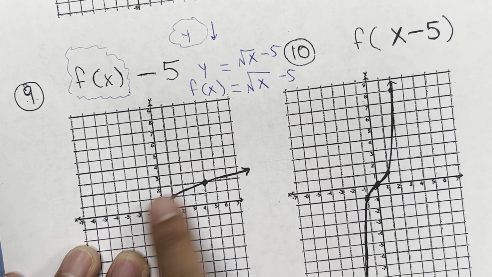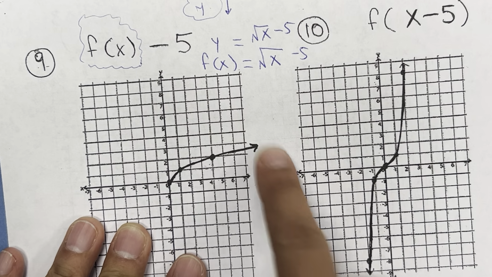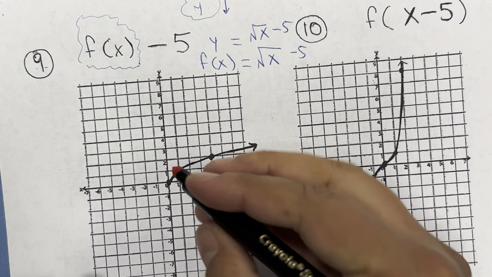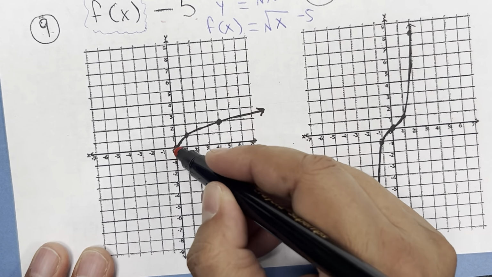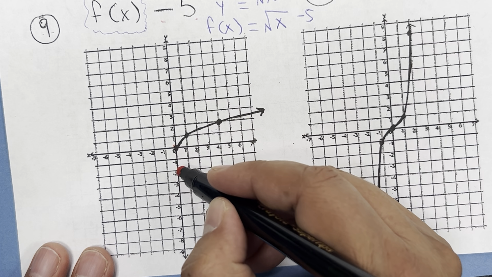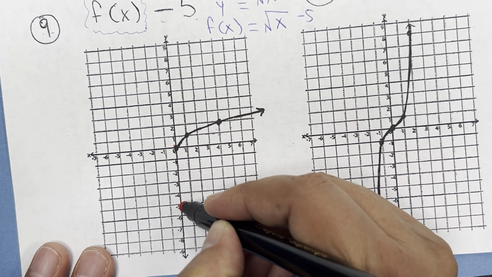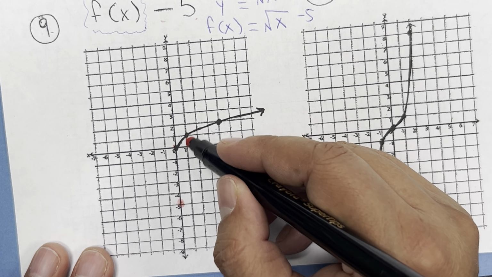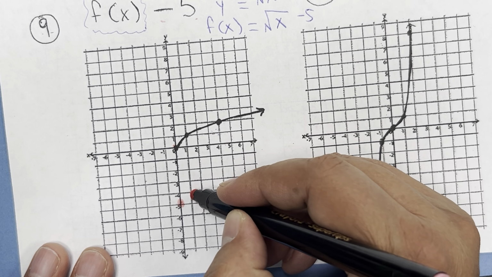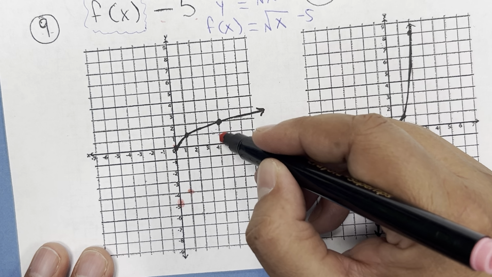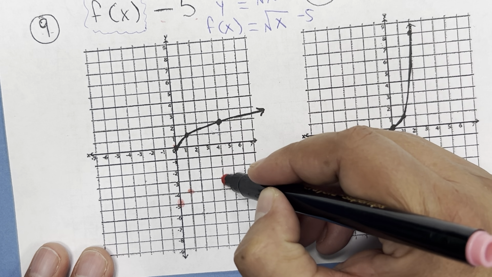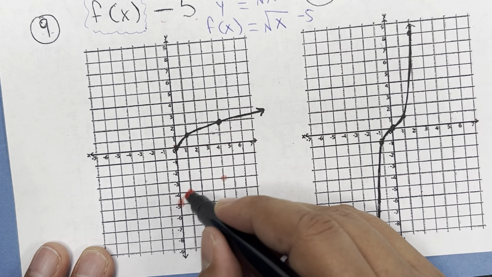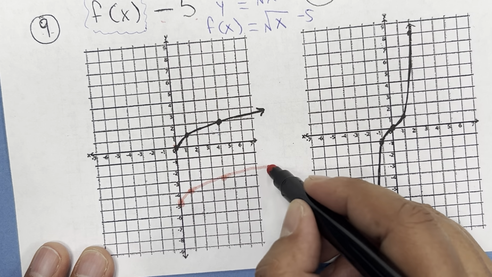So all you have to do for this mother graph is just go down 5 spaces. So this point is going to go 1, 2, 3, 4, 5, and just draw the dot in there. This point, 1, 2, 3, 4, 5, right there. 1, 2, 3, 4, 5, right there. And draw your new graph.